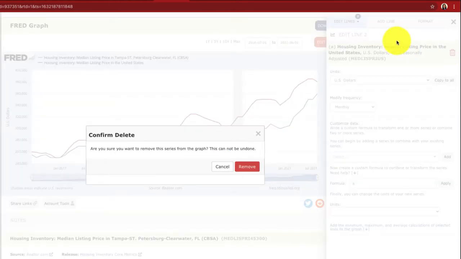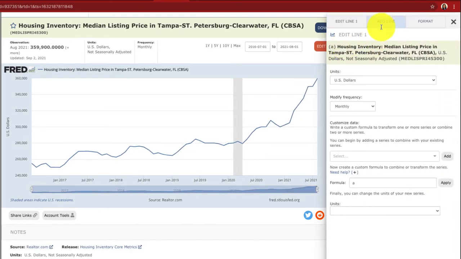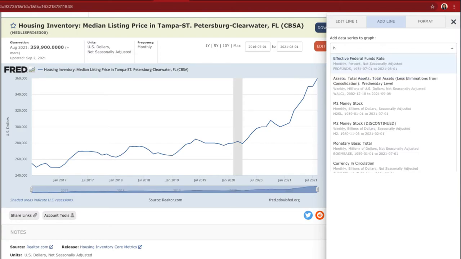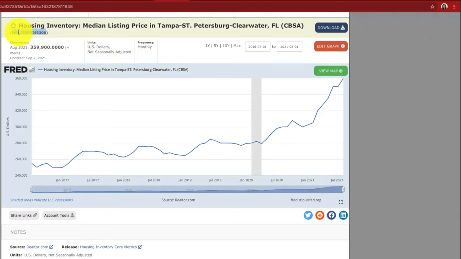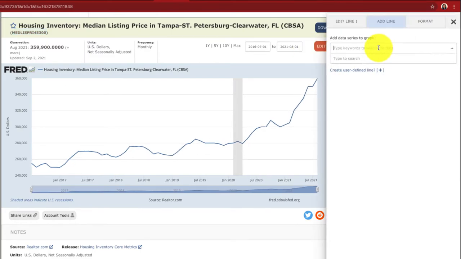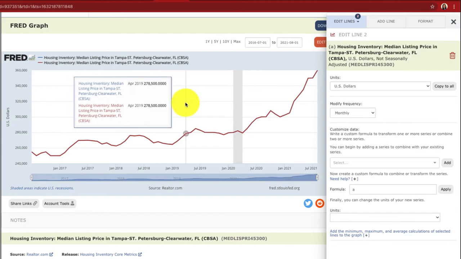So I'm going to delete this, remove, and I'm going to go back, edit the graph, add a line, find this again. So I can either type in housing inventory or take it the easy way, copy this field on top, edit, put it in here. It's going to locate it, add data series, and it shows the units. I don't want US dollars because I'm already doing that on this side.